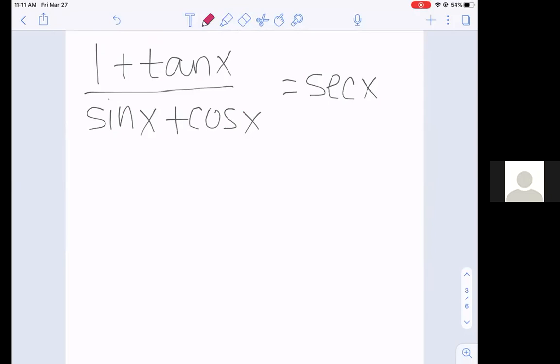Okay, so for this one, I'm going to go with the left side. That seems to be the way more complicated side. And what I'm going to do is change tangent into sine over cosine.